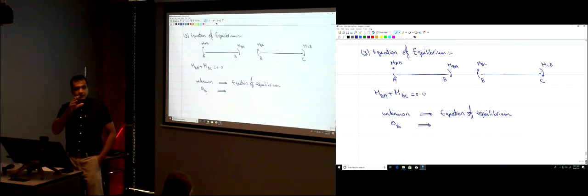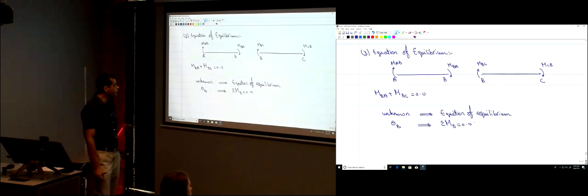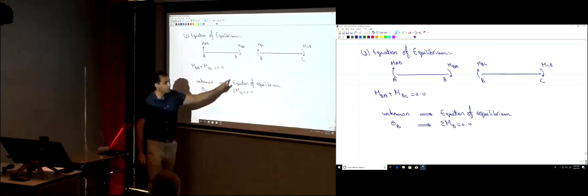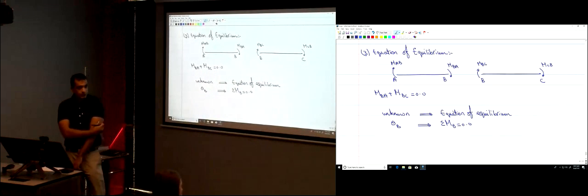The force that is related to the rotation is M. It's at point B, so MB, and just write the summation of the moments at point B is equal to 0. What are the moments at point B? It's MBA and MBC. So that's the equation that we have here. The summation of the moments at point B is equal to 0. Okay? This is how it's going to look.